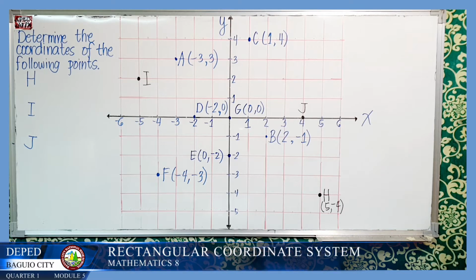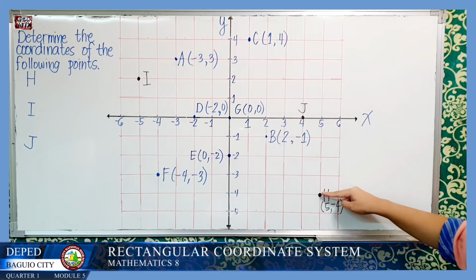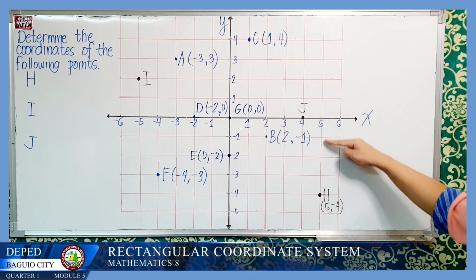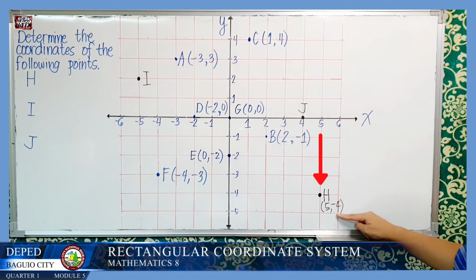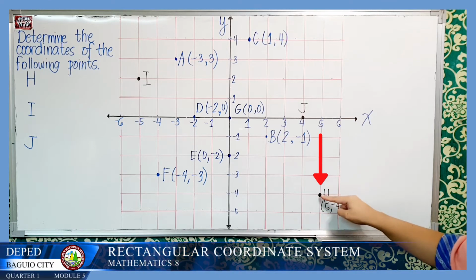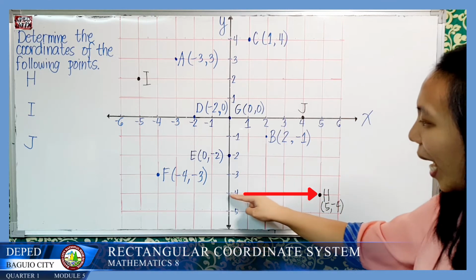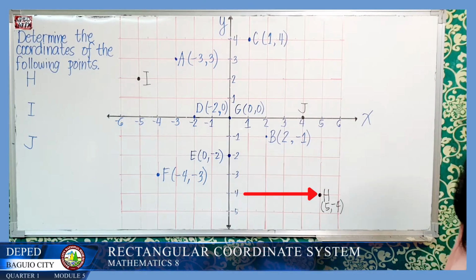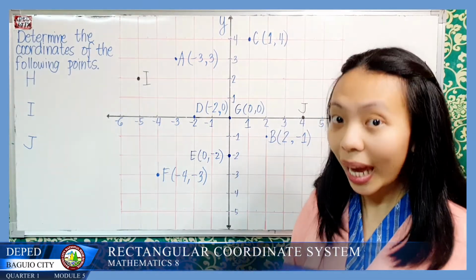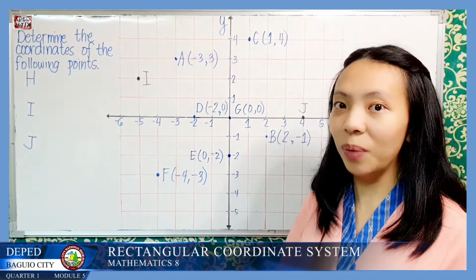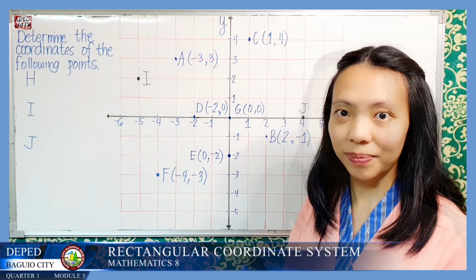Why is it so? 5 is the number along the x-axis where the point is aligned to. -4, on the other hand, is the number along the y-axis where the point is aligned to. Remember, we always start with the x-coordinate followed by the y-coordinate.